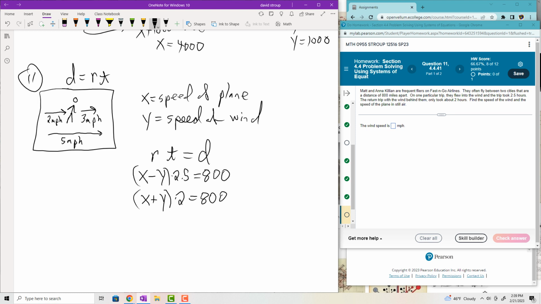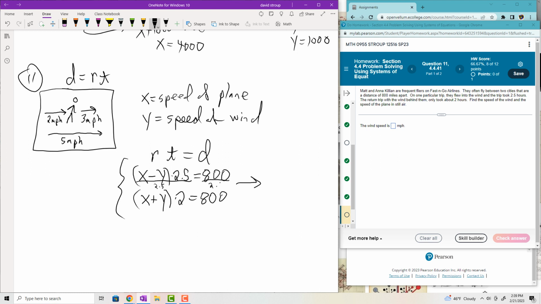Okay, we can first divide both sides. So here's our system, but we can divide both sides by, in the first equation, 2.5, if you wish. If you don't want to, you can distribute and all that jazz, but I found it's easier to just divide both sides by 2.5.